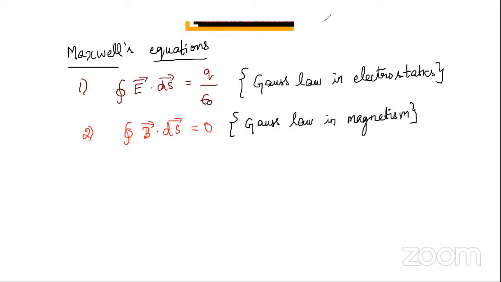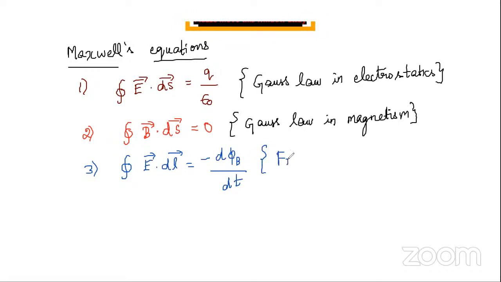And the next equation is Faraday's law of electromagnetic induction. That is integral E dot dl is equal to minus d phi B by dt. That is the induced EMF, given by E dot dl. So this is Faraday's law of electromagnetic induction.